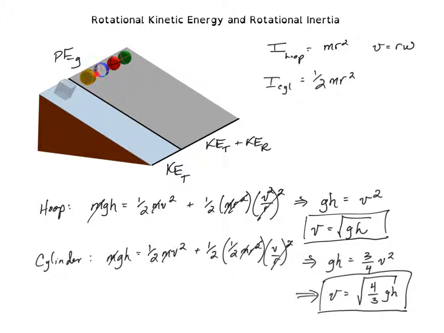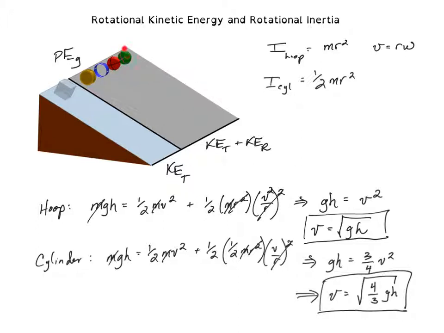The hoop's mass is all along that radius. So what does this mean for rotational kinetic energy and rotational inertia? The higher the rotational inertia of that object, the more rotational kinetic energy you're going to have. Therefore, the less translational kinetic energy you're going to have at the bottom of this ramp.